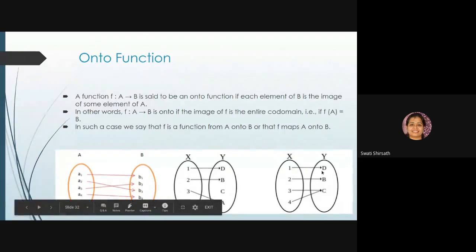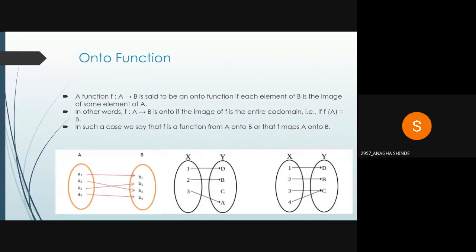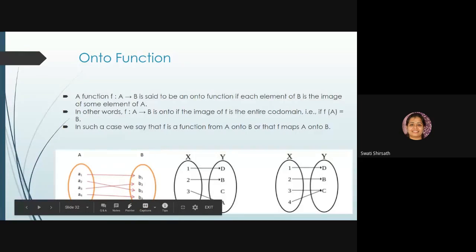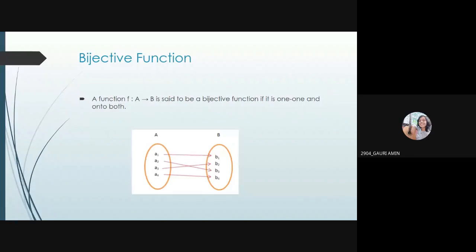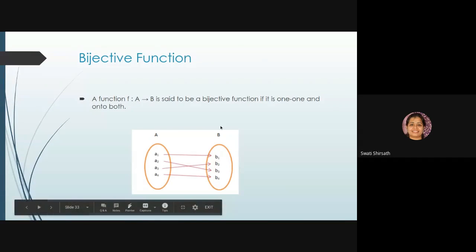Is this one-to-one function? No, ma'am. Okay. So this is an onto function. Is there any doubt in onto function? No, ma'am. Okay. Bijective function, it is very simple. The function which is one-to-one and onto both, then we call it a bijective function.